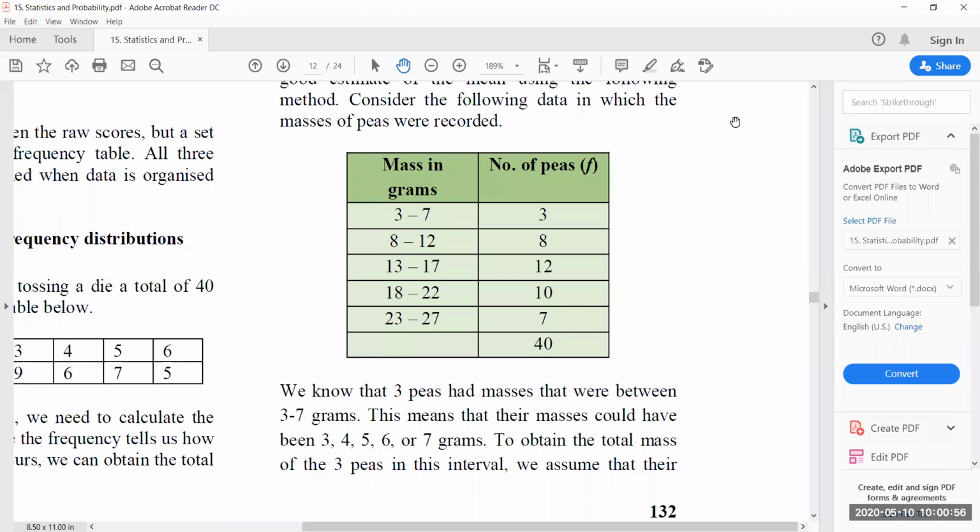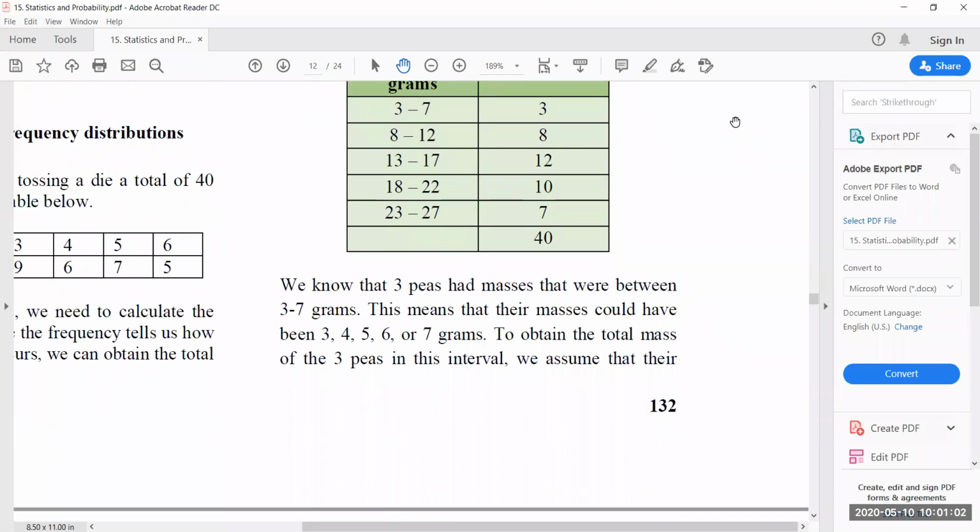So how many peas did we weigh? Obviously, we weighed 40, as you can see the total is 40. Now, we know that 3 peas had masses between 3 to 7 grams. This means their masses could have been 3, 4, 5, 6, or 7 grams.